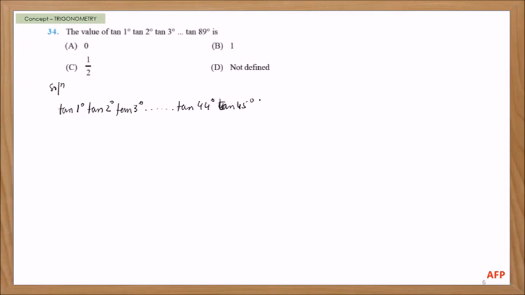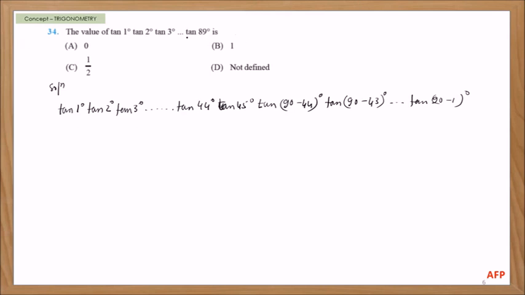Tan 46 degree we will write as tan of 90 minus 44 degree. Tan 47 degree we will write as tan 90 minus 43 degrees. So on up to tan 89 we will write as tan of 90 minus 1.